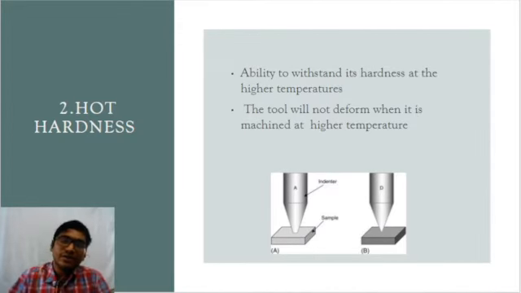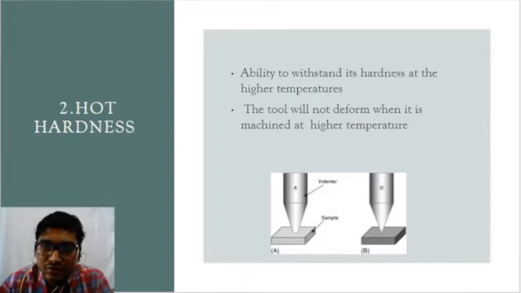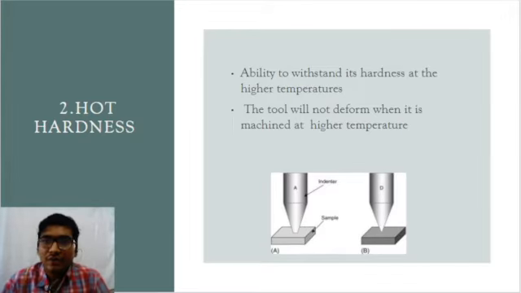When the temperature increases, the tool must not deform from its original shape, for which the hardness must be higher, so that it cannot deform, and the hardness of the material will be higher at the elevated temperature.